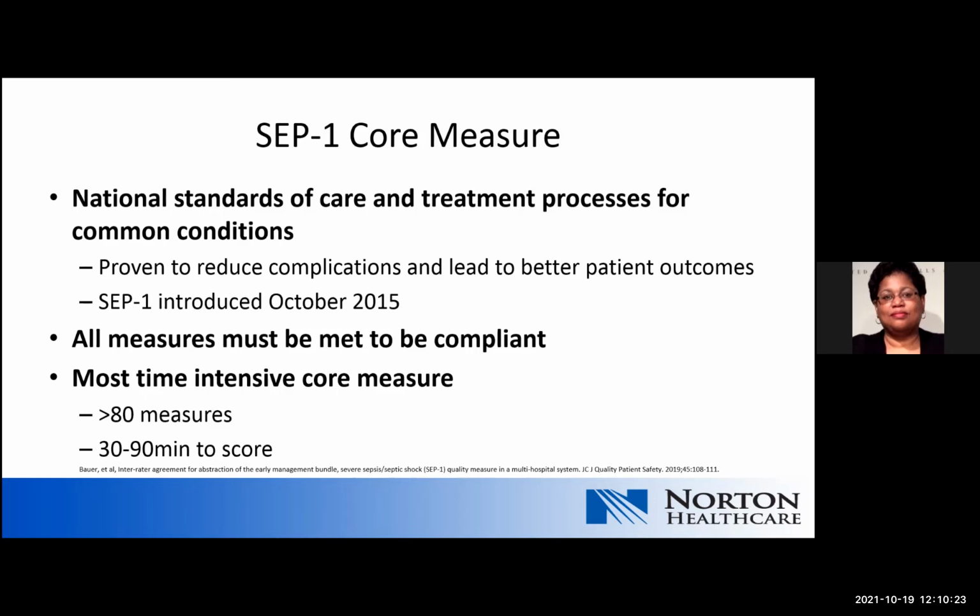Now, I know we have two very experienced data abstractors on our team who look at 104 charts every single month. And it easily takes them 30 minutes, sometimes longer, depending on what's going on with the patient. So this is a very time-consuming core measure.